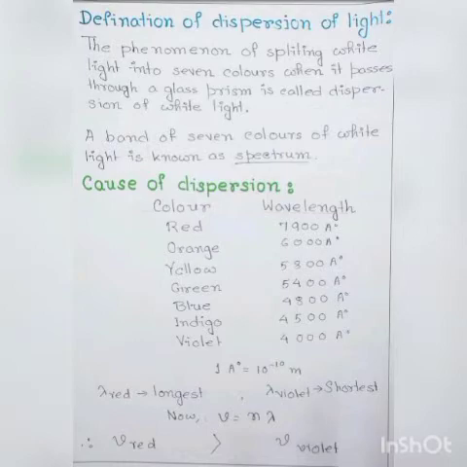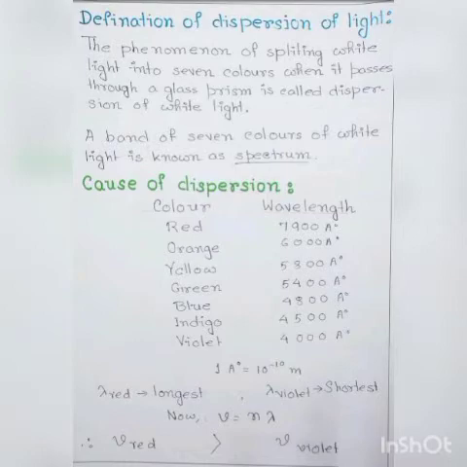So white light consists of 7 colors and each color has its own wavelength. Look at the list carefully. Wavelength of red is the longest one and wavelength of violet is the shortest one.